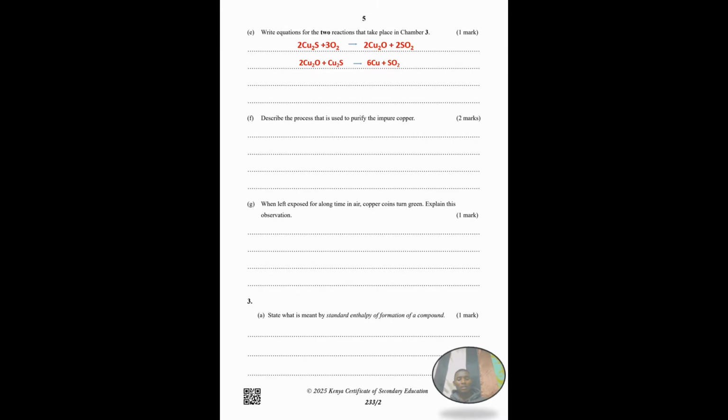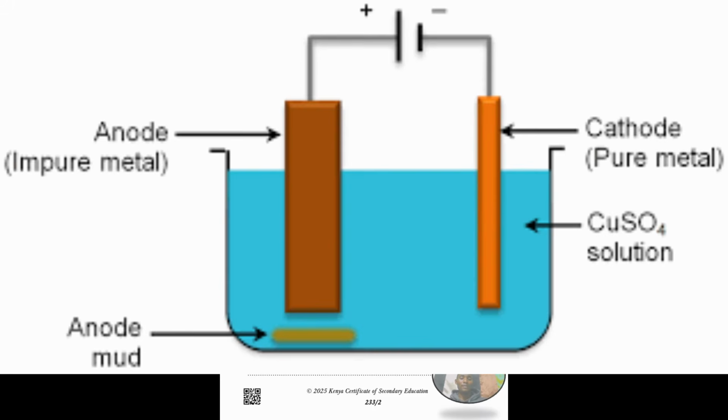It is not fully pure copper, so we always purify this copper using the electrolytic method, where we place pure copper on the cathode and impure copper on the anode, and then we dip them in a solution of copper sulfate.